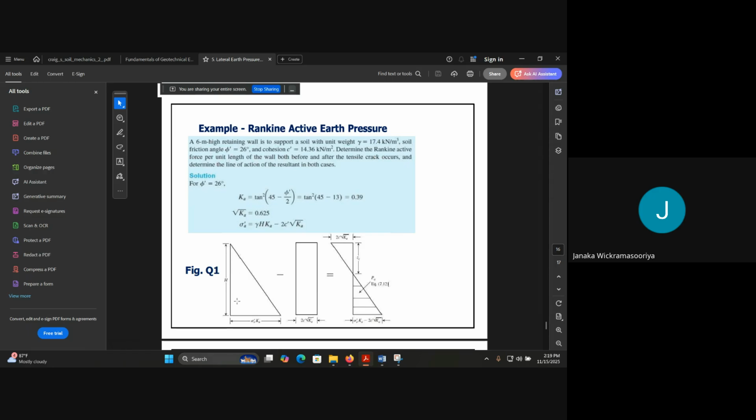So with the depth this varies, or this increases, right? You can represent this part by this diagram and this part from this diagram. Right. Come up to this point.